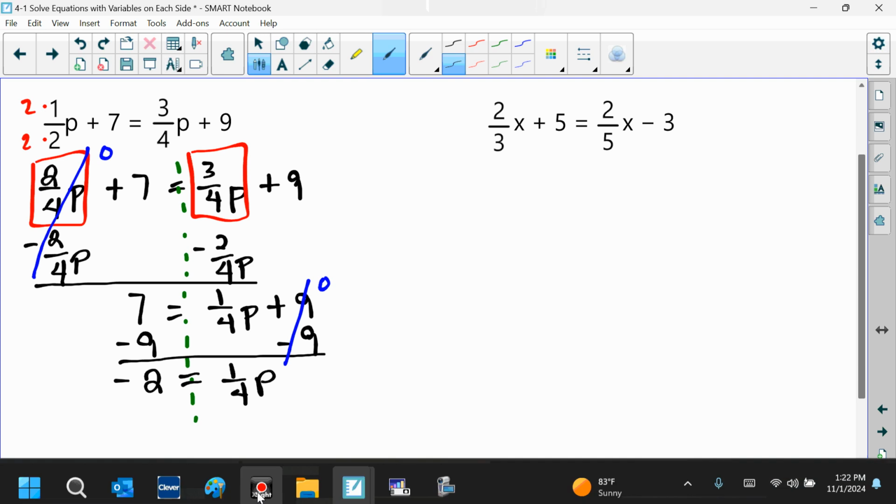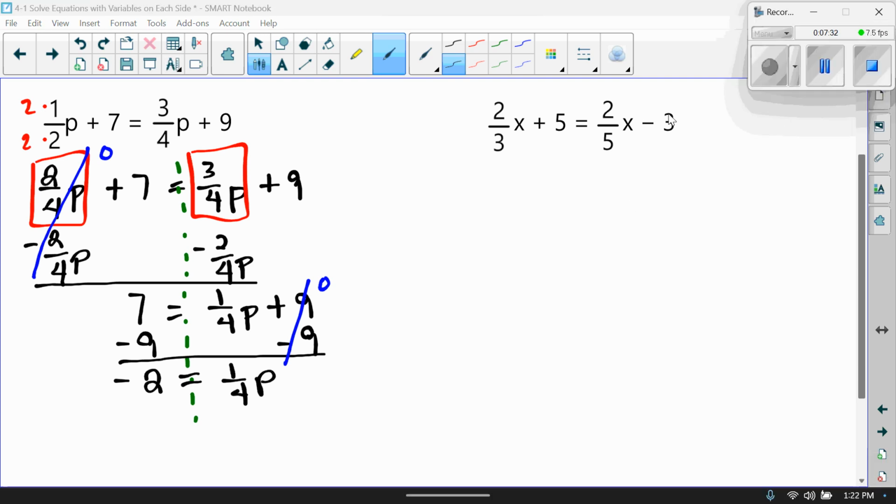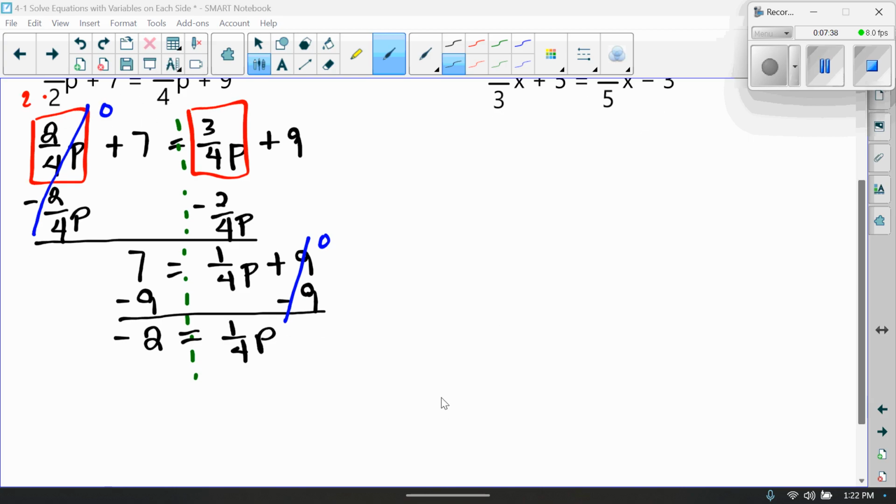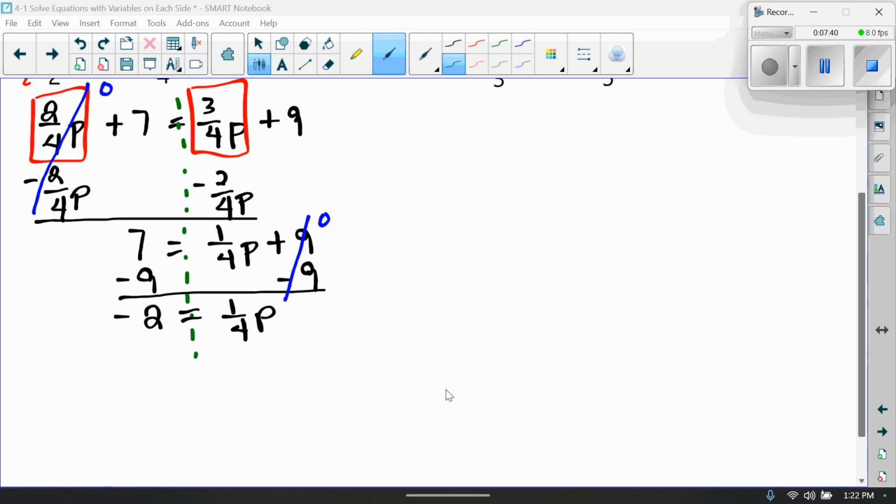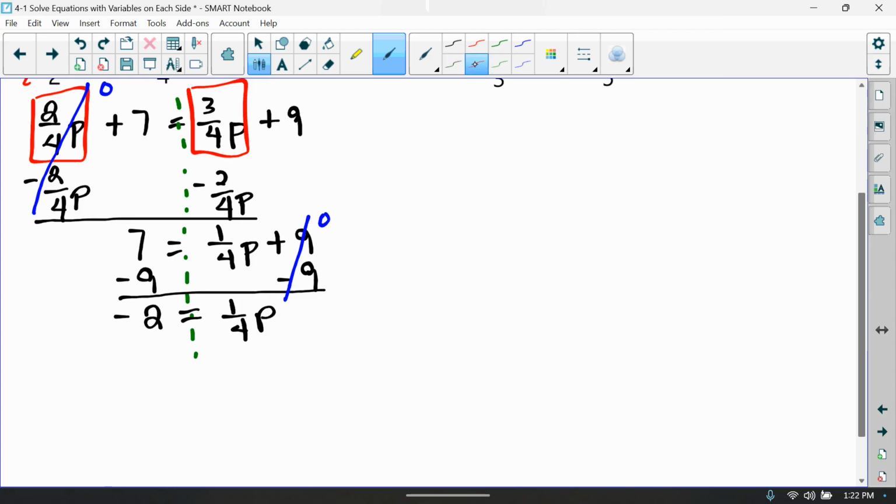Now, you guys remember how to get rid of the fraction in front of the variable? We multiply by the reciprocal. Beautiful. So the reciprocal of 1/4 is 4/1, which is just 4, right? So we're going to multiply times 4/1 over here, and we're going to multiply times 4 on the other side.